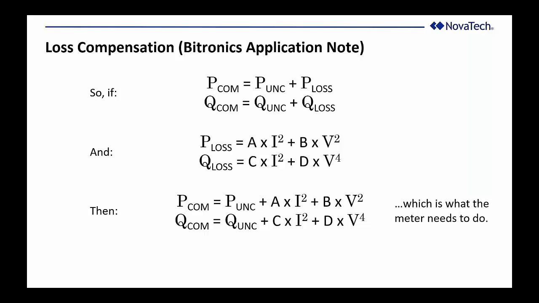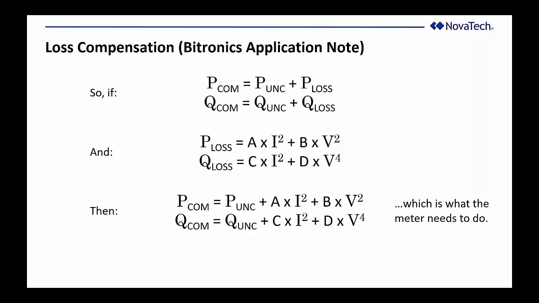Now, if I had the meter on the high side and I wanted to know what the power was on the low side, then I would simply subtract the A, B, C, and D factors from the uncompensated watts and bars. The meter normally measures watts and bars, so the P uncompensated and the Q uncompensated are already in the meter.